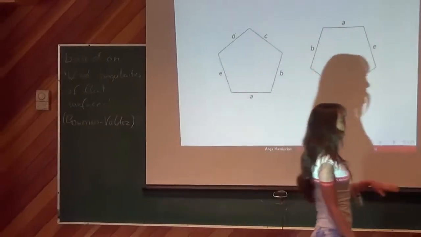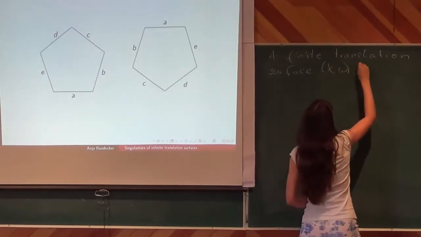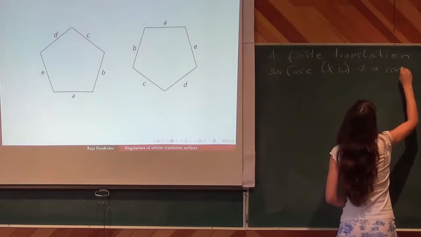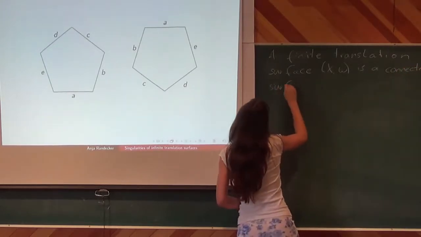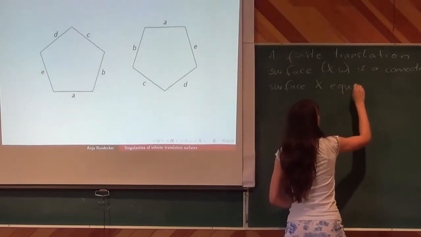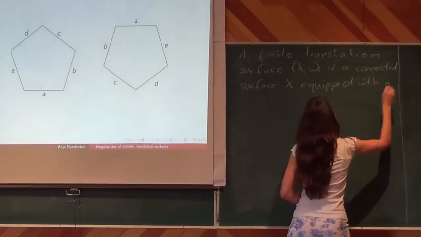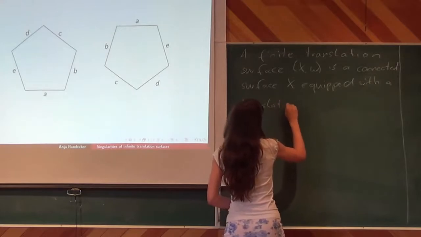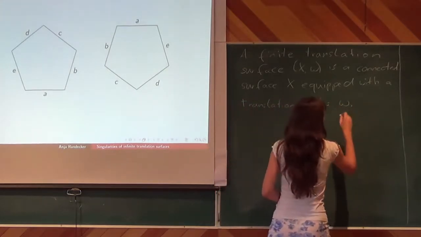Okay, so a finite translation surface (X, omega) is a connected surface, and we have a translation atlas. That's not all.